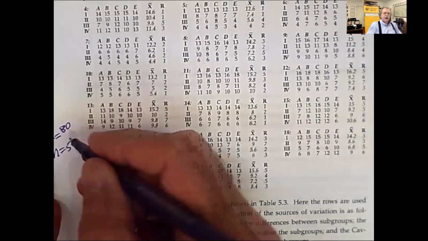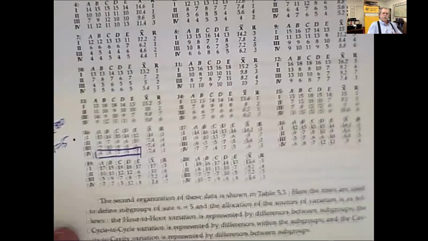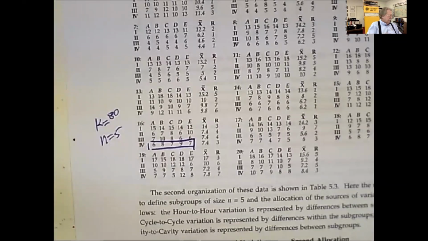Same 400 data. Instead of 100 subgroups of size 4, we have 80 subgroups of size 5. So we want to go through the same song and dance with regard to our sources of variation and the subgrouping we have here.